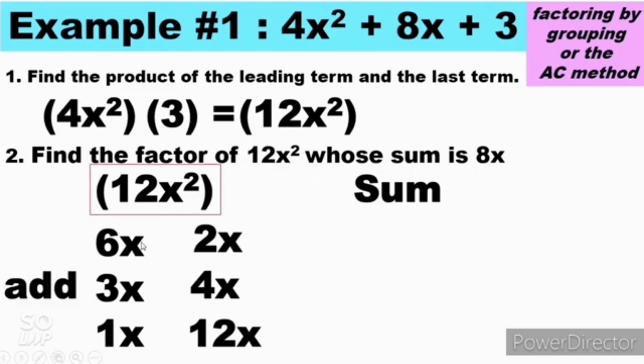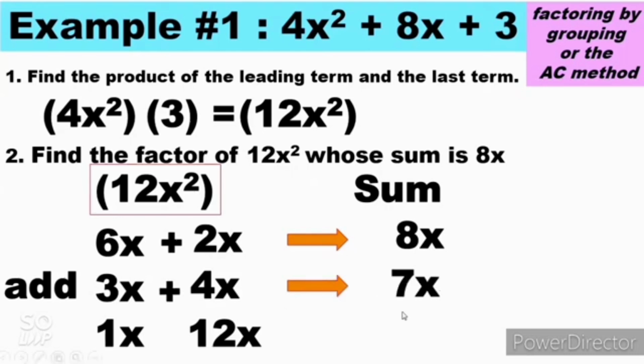Okay? Now, we add 6x plus 2x equals 8x. Okay, yan na yung sum natin, which is nasa trinomial. Okay, try natin yung mga susunod na factors. 3x plus 4x equals 7x.